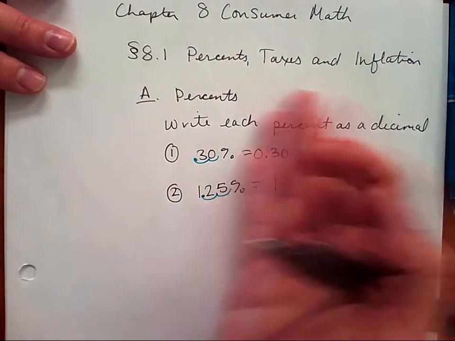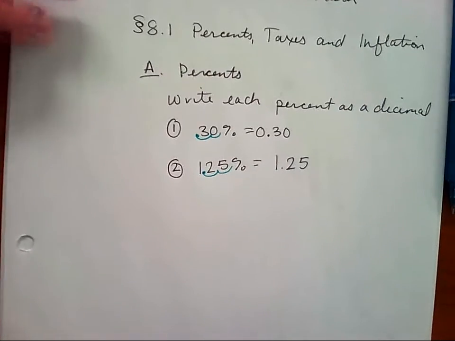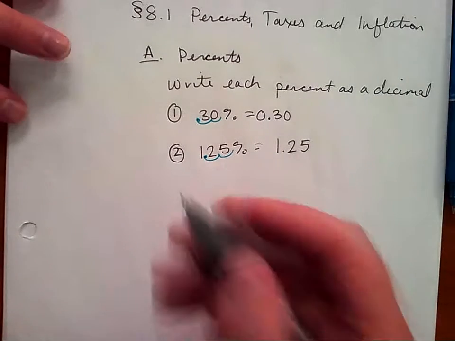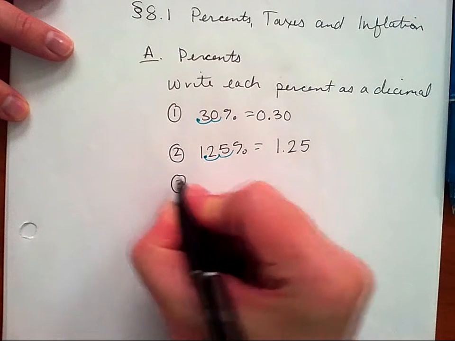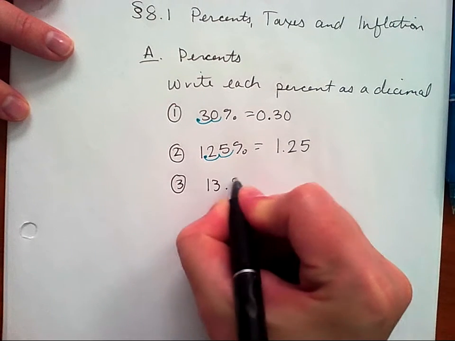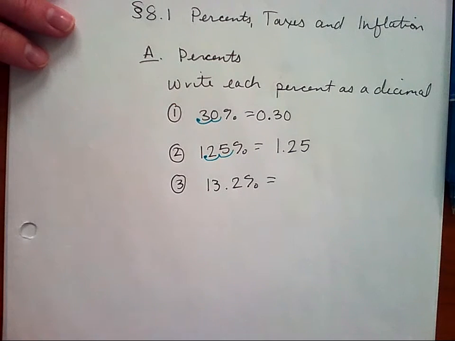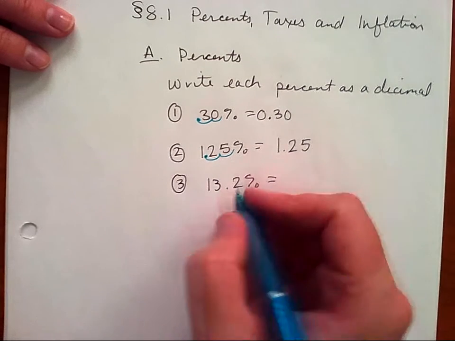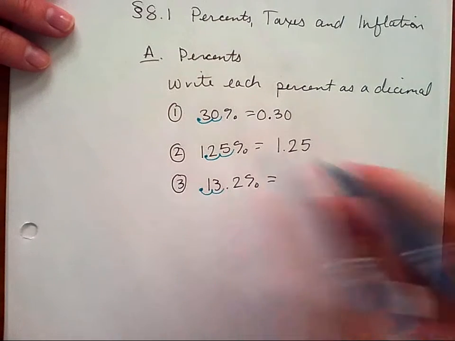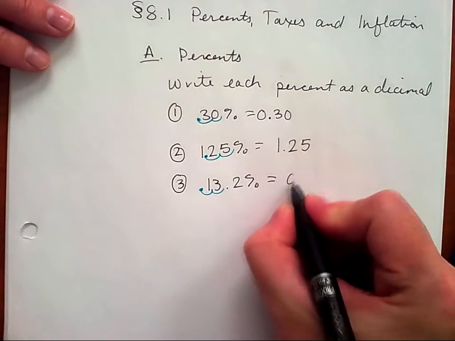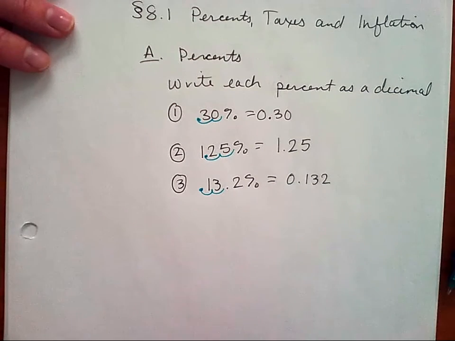And then I can use that number to put into my calculator. Number 3, 13.2%. So again, I don't care what my number is. I'm moving my decimal place to the left 2 times. So this is 0.132. Don't round.